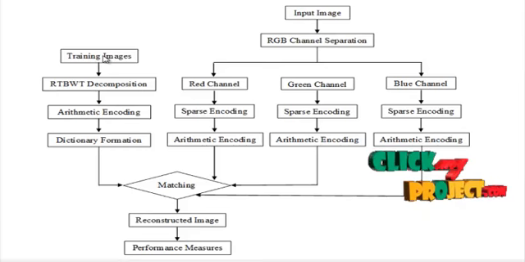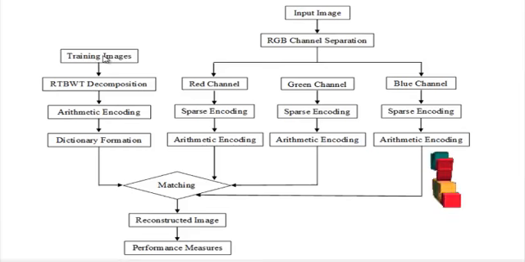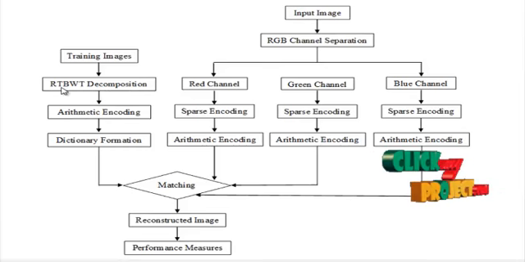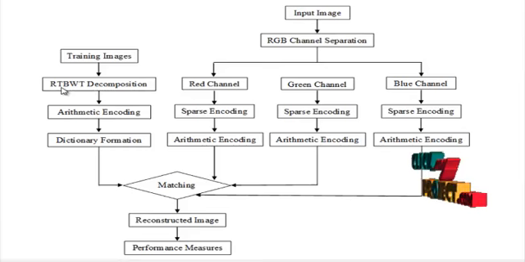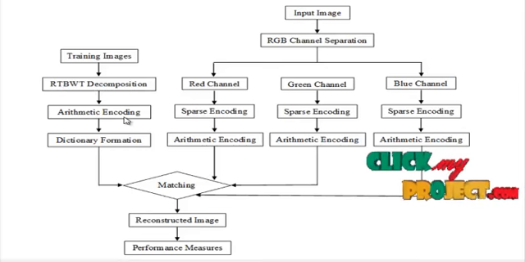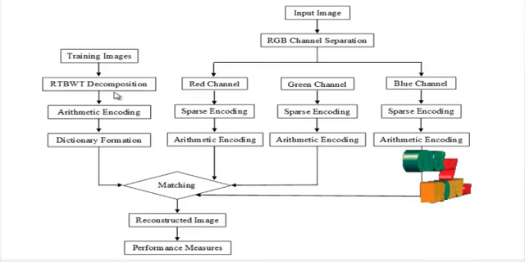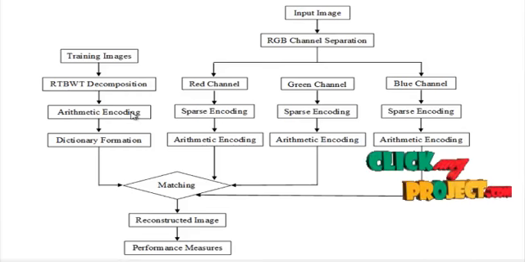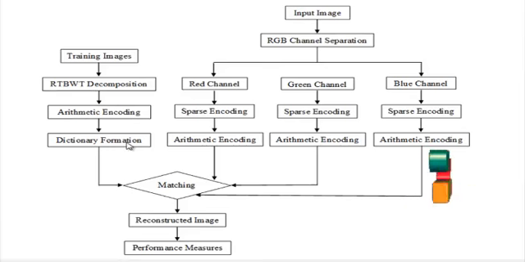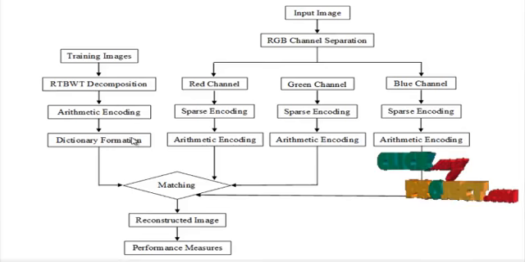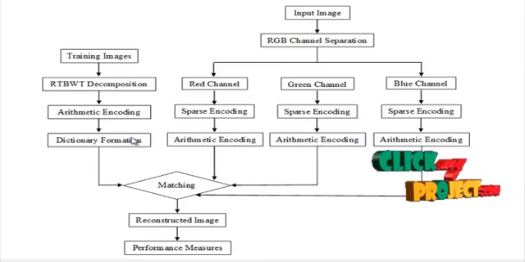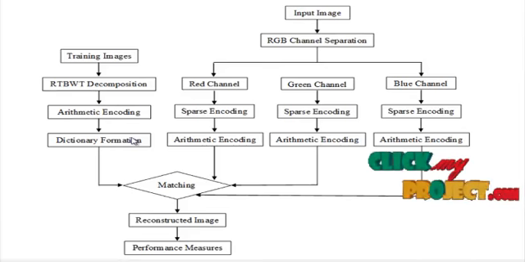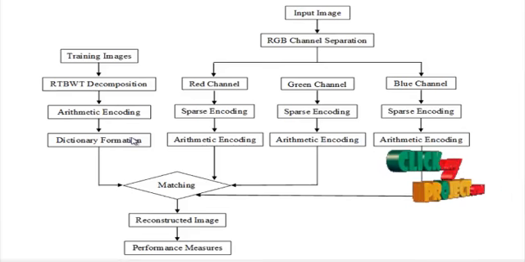So for that, some training samples were taken, and the decomposition is applied, which is based on RTBWT decomposition, and arithmetic encoding is applied to the decomposed bits, and they were saved in the dataset in the format of a dictionary. Here the dictionary formation refers to preserving the image data bits in a single array of values.